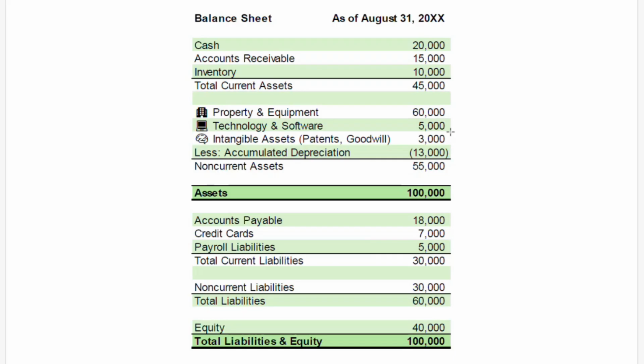I don't know if you've ever watched Shark Tank, but the sharks are always asking the presenters if they have patents pending, because there's a lot of value in having those ideas protected. And again, it's intangible. You can't go out and touch it, but it still has value.